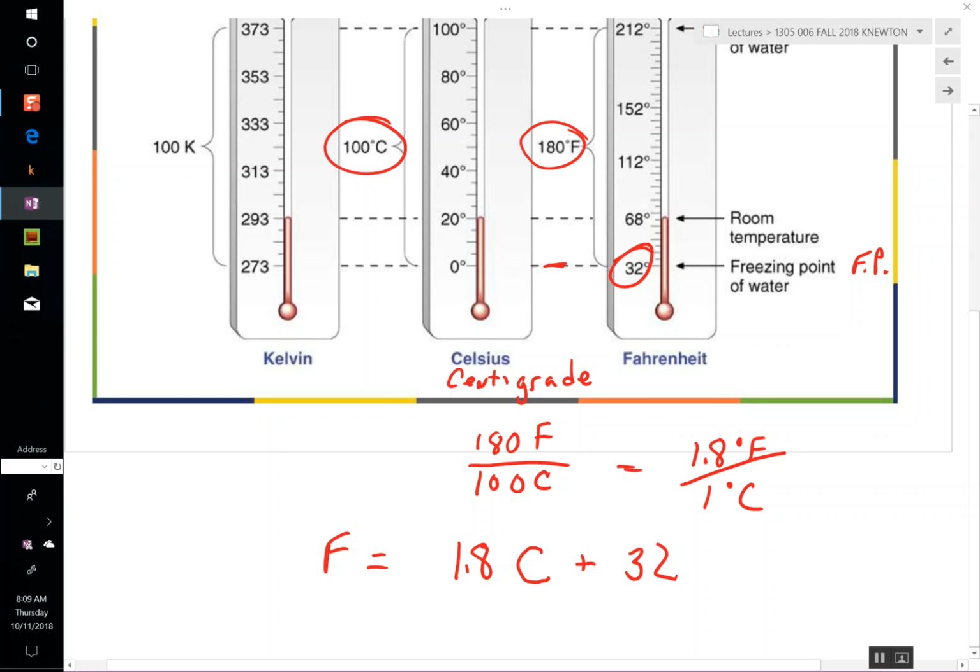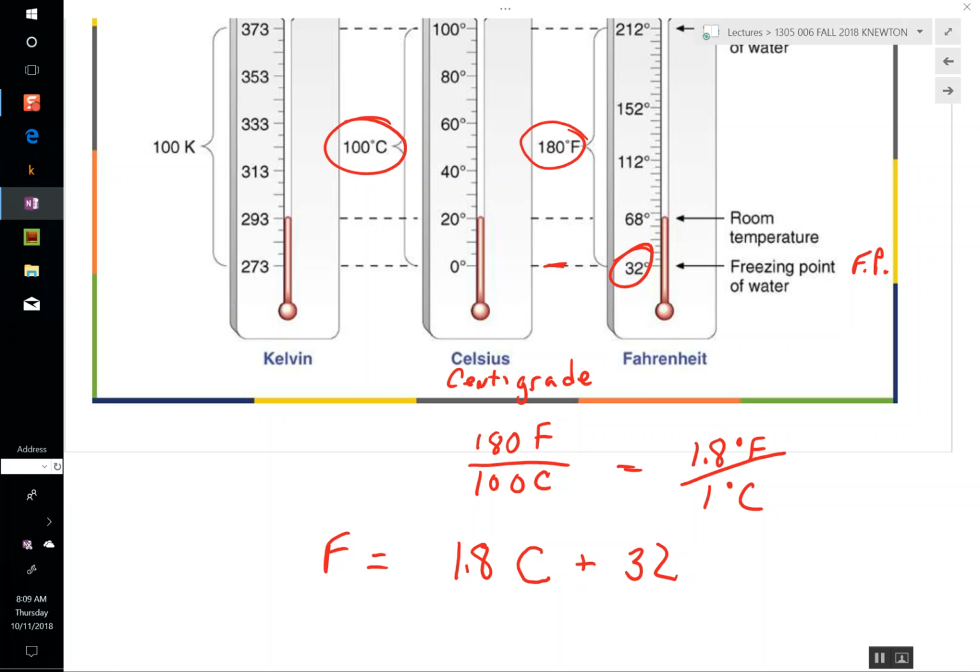Why? Because the Fahrenheit scale starts at 32, doesn't start at 0. So we have to compensate for the fact that the two temperature scales start at two different places. And you end up with that equation. Okay? So that's not some sort of arbitrary equation. You could actually look at those two temperature scales and derive it.